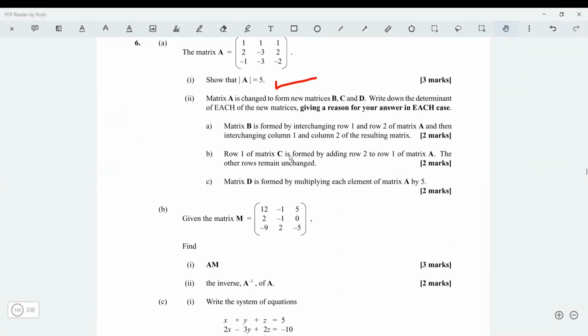So now they say row 1 of matrix C is formed by adding row 2 to row 1 of matrix A. The others are unchanged. So what they want you to do now is look at matrix A again, and row 1 and row 2. So we're going to add row 1 and row 2.